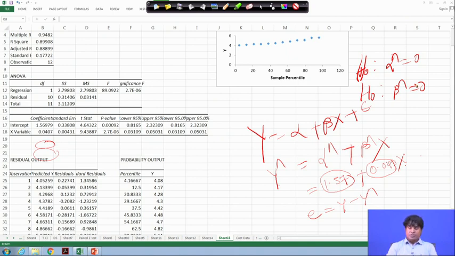So first you have to formulate the null hypothesis, and then the choice of the test statistic. In the case of specification test, we specifically use t statistics, and then we fix the probability level. We can fix at a 1% level, 5% level and 10% level.